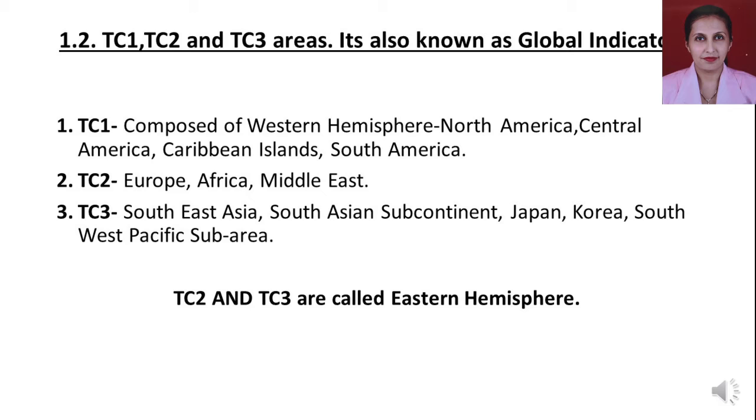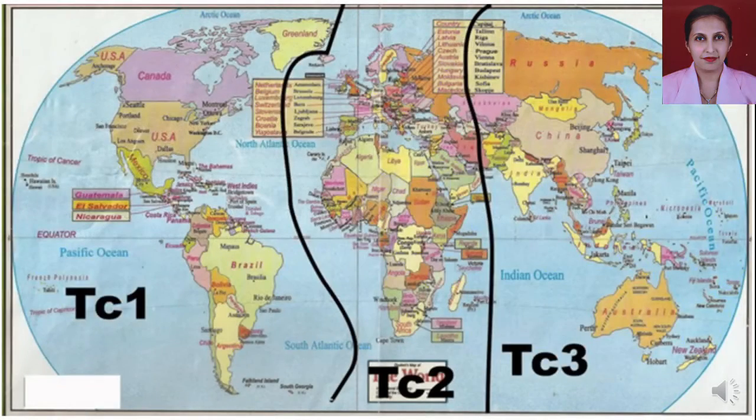Next, we learn about the TC3 area. It involves Southeast Asia, the South Asian subcontinent, Japan, Korea, Southwest Pacific sub-area. So when we see the map here, we understand that to the right hand side of the world map, including Europe, Asia, the islands here, and Australia, New Zealand, all this comprises the TC3 area.